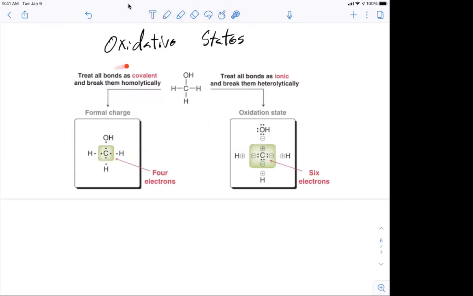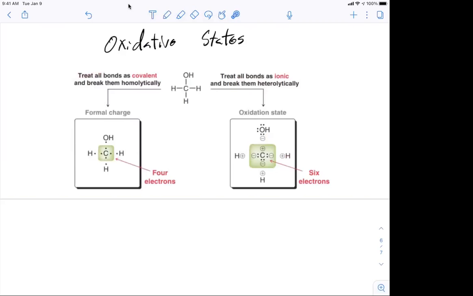So if we treat them all as covalent, we are going to end up with radicals. But here, if we treat them as ionic, we can see that the oxygen is more electronegative, so it would have a negative, but the hydrogens are less electronegative than carbon, so they would have positives, which gives us the number of electrons we'd have in an oxygen. So it's looking at these and assuming what we have attached to it.